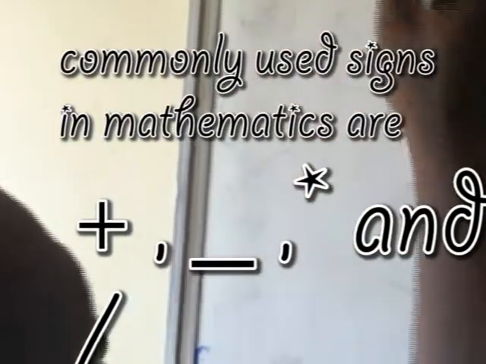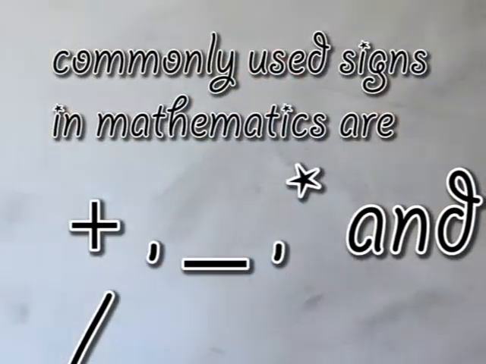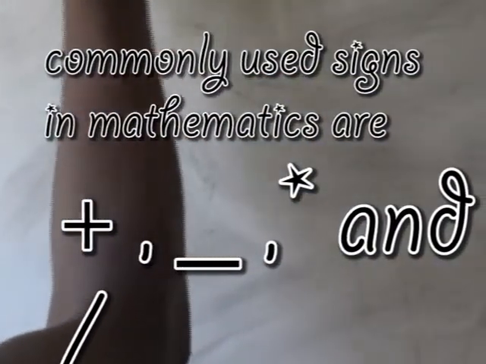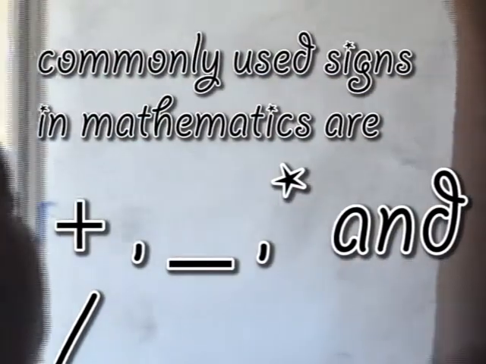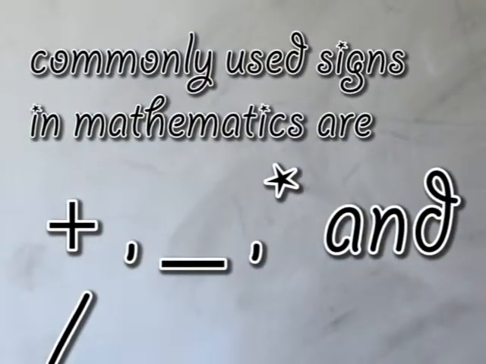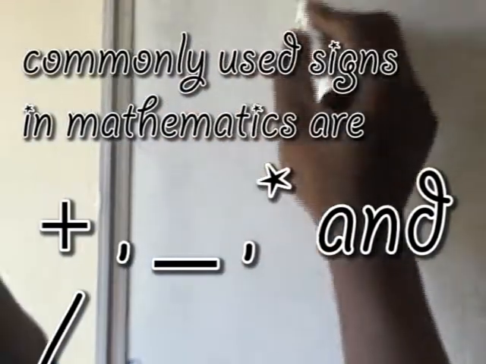Here in mathematics, you have to understand the 4 symbols that can be used by the learners. First of all, this is the symbol of addition, this is the symbol of minus, this is the symbol of multiplication, this is the symbol of division.